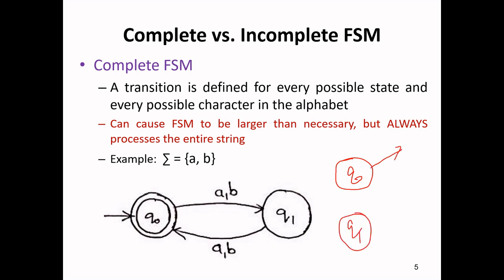From each state there must be one compulsory transition for input symbols a and b. If you see here, from Q0 we have one transition for a and one transition for b. Similarly from Q1, one transition for a and one transition for b. Hence the FSM is complete.